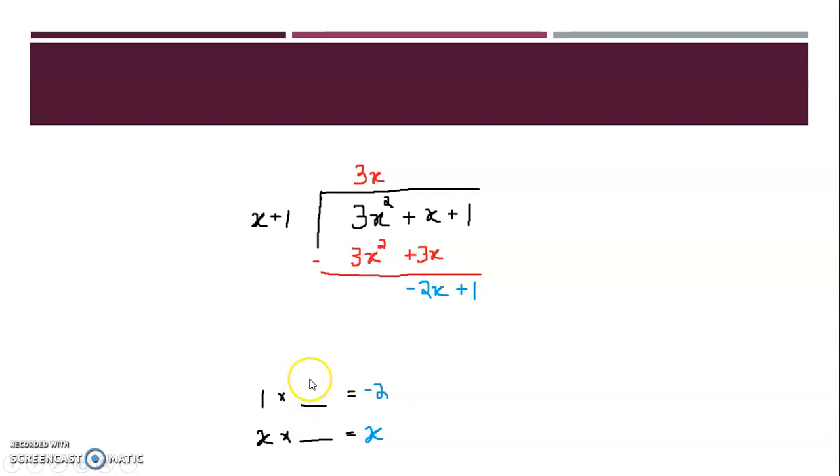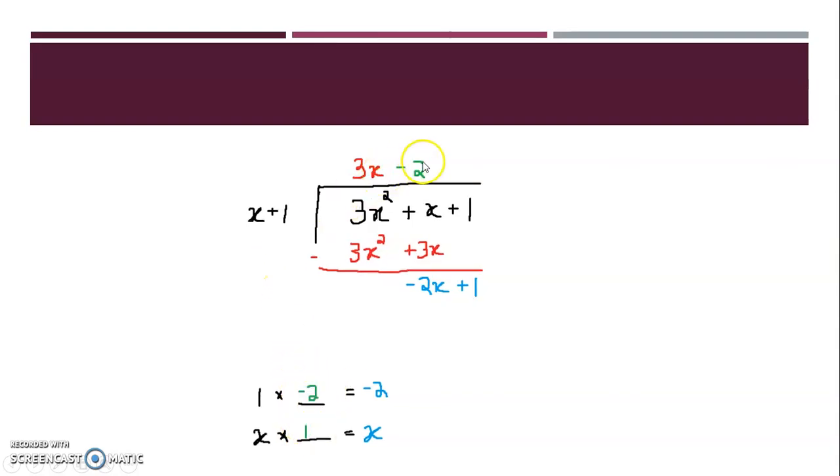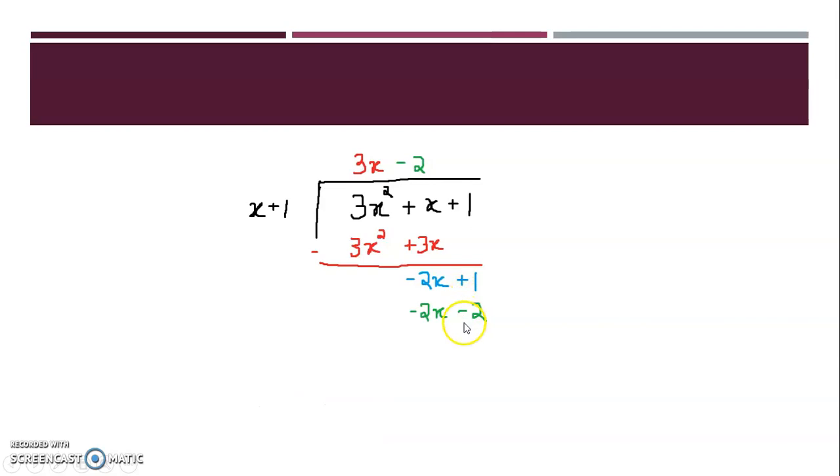So minus 2. Okay, so minus 2 into x will be minus 2x, same as the first term. Then minus 2 into 1 will be minus 2. Okay, now we subtract.